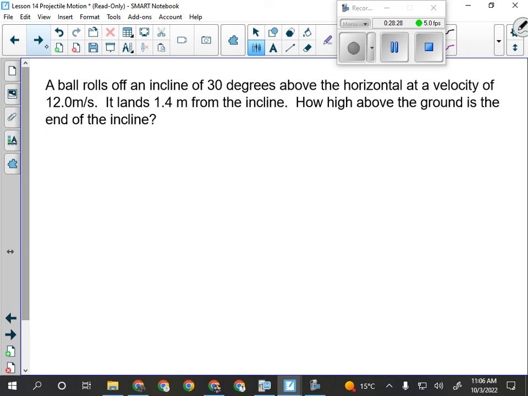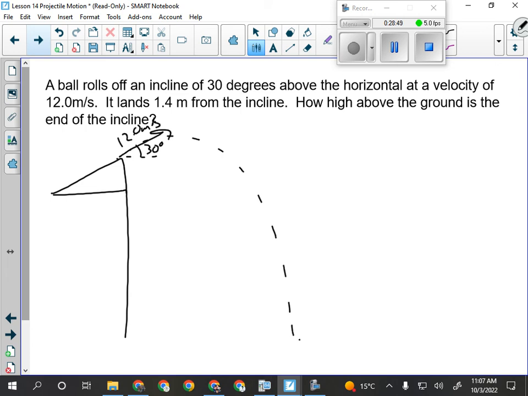All right, so the situation I have here is an incline on a table, like so. The object's going to go off of that at 12.0 meters per second, 30 degrees above the horizontal, and it's going to do this, and it's going to land 1.4 meters from the base of the incline.